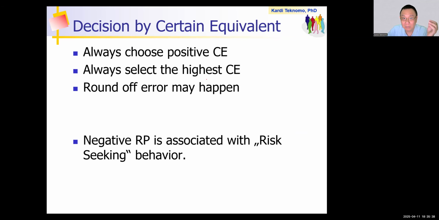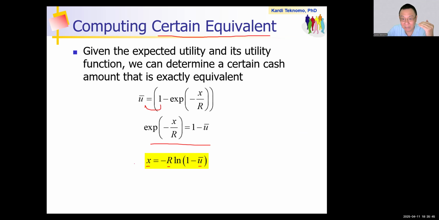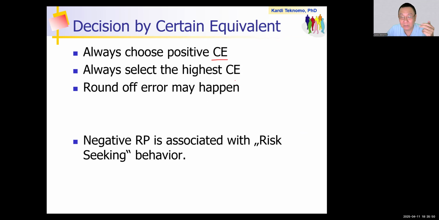You always choose a positive CE, and you always select the highest CE. The CE is this X. There is also a possibility of error. Then you can check also the value of RP, the risk premium, because a negative RP is usually associated with risk-seeking behavior.